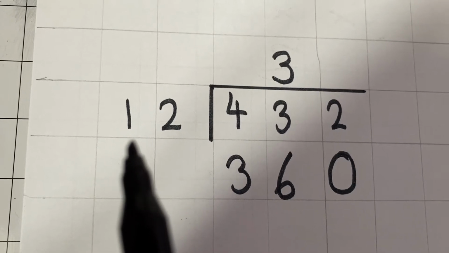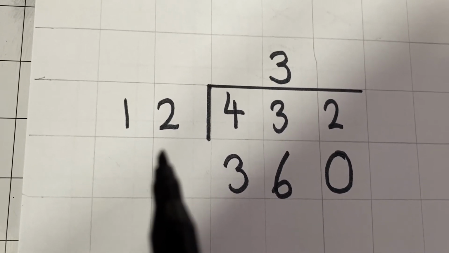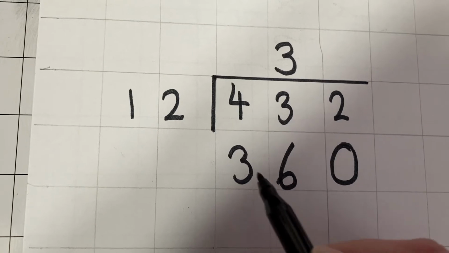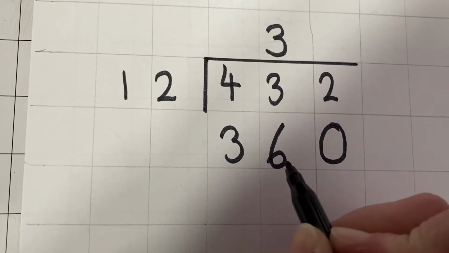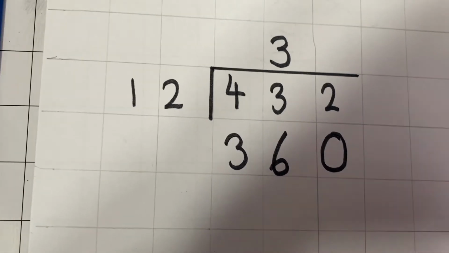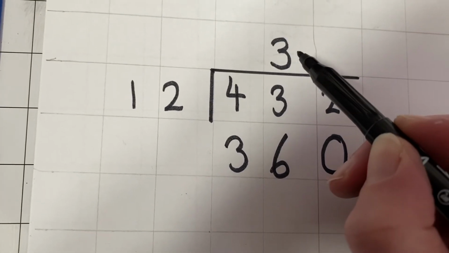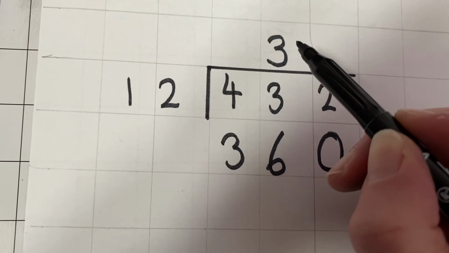Therefore, 12 times 30 would be 360. So here I have written 360, knowing that this will be 3 up here.